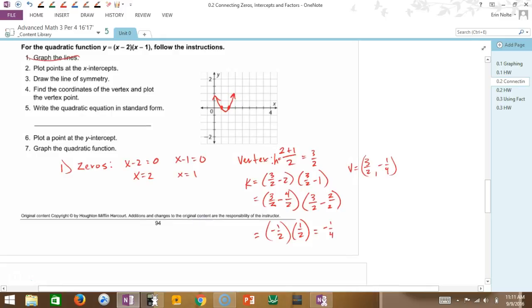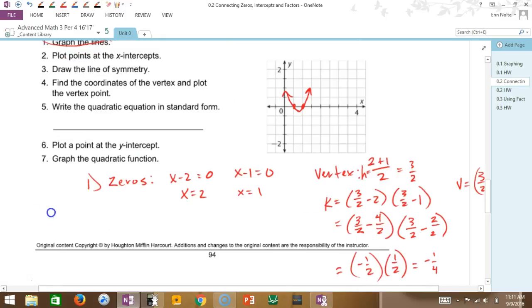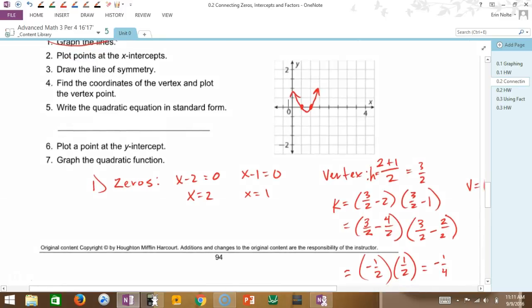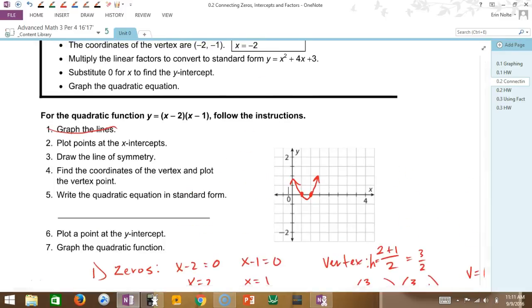Okay. So, over on this side, they kind of go about doing it slightly different. They would have said, once you have your vertex, let's write this in standard form. Now, I need to know if I need to go over how you would put this in standard form. If I'm given factored form, how would I get to standard form? Yeah, FOIL.